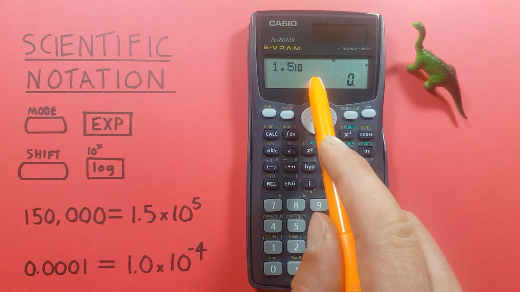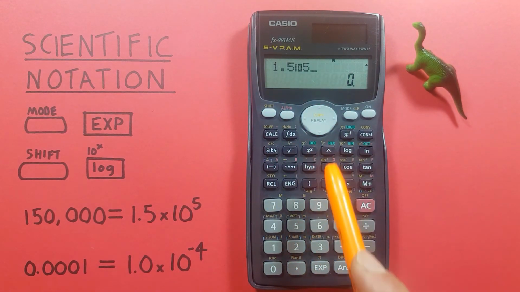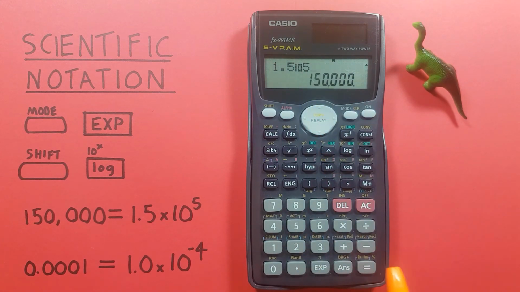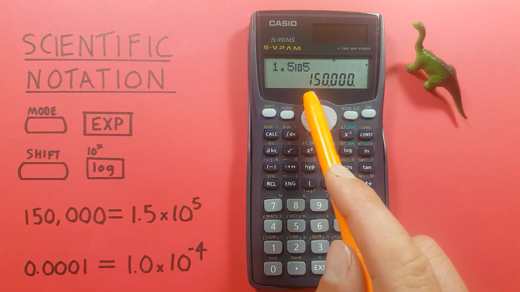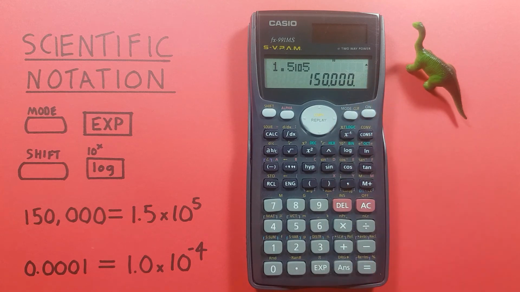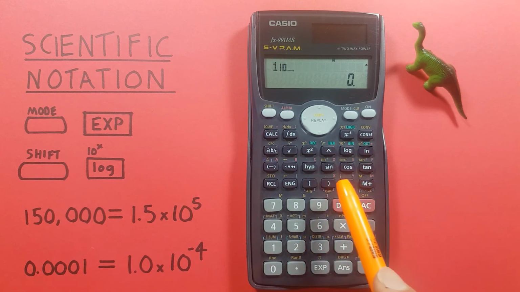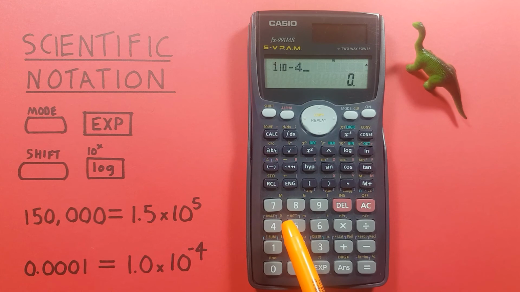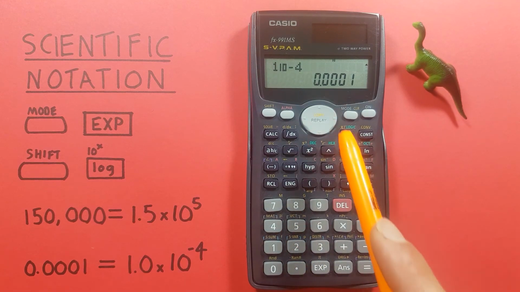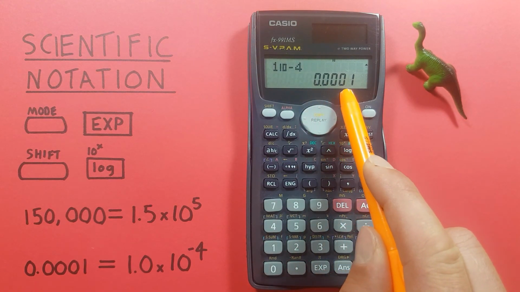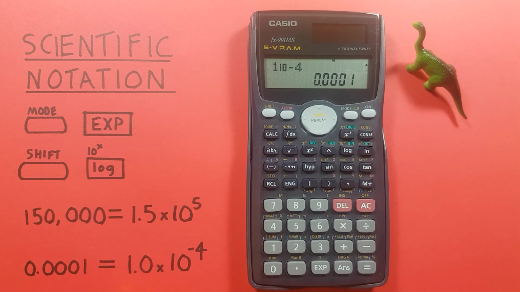There we see the 10, enter the 5 as our exponent, and press equals, and we get 150,000 again. And again, it works with small numbers, so if we go 1 shift log -4 equals, we get our 0.0001, which is correct.